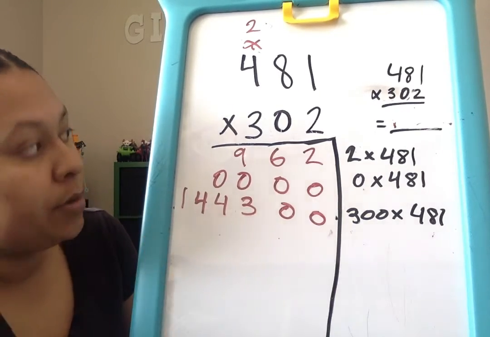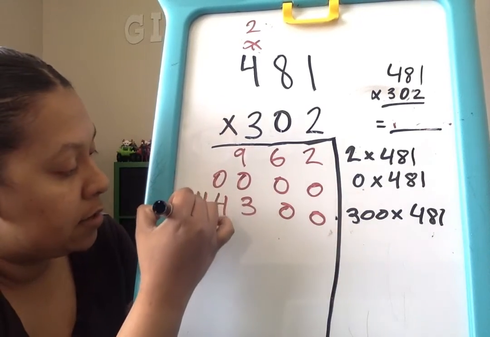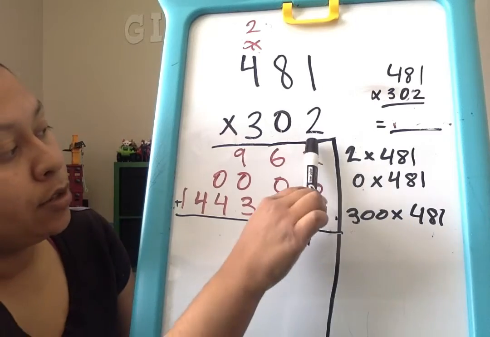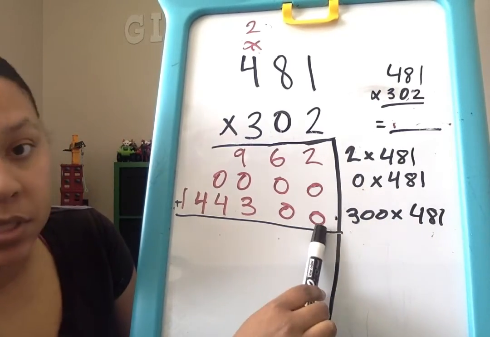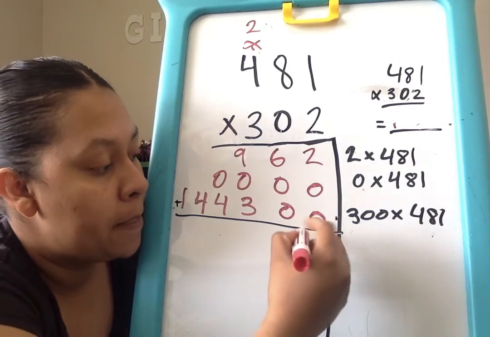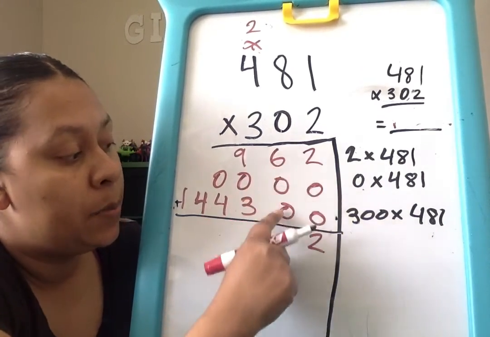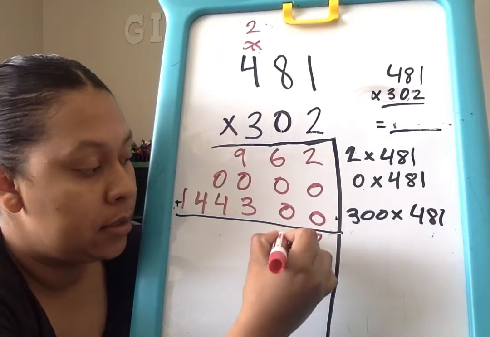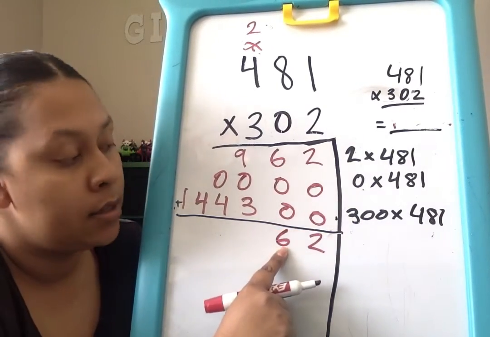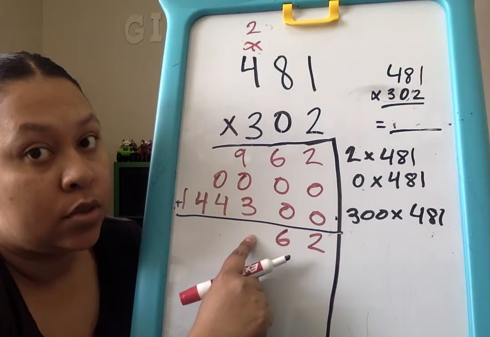Okay, so now we don't have any more digits to multiply, so now we add it all together. So now 2 plus 0 plus 0, 2. Oh, wrong marker. So 2 in the ones place. 6 plus 0 plus 0, 6. 6 in the 10 place. 9 plus 0 plus 3 is 12.